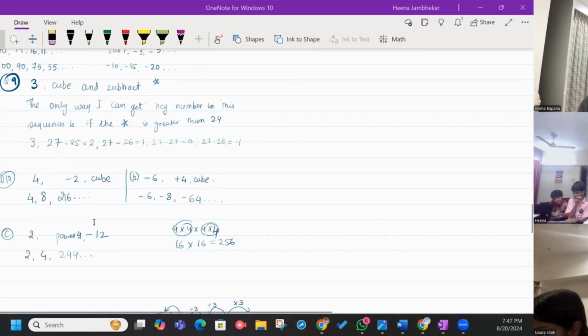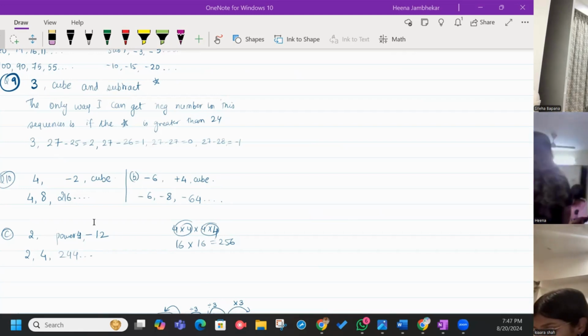Try the next one, the B part. The B one says the first term is minus 6. The term to term rule is add 4 and then cube. Add 4 and cube.